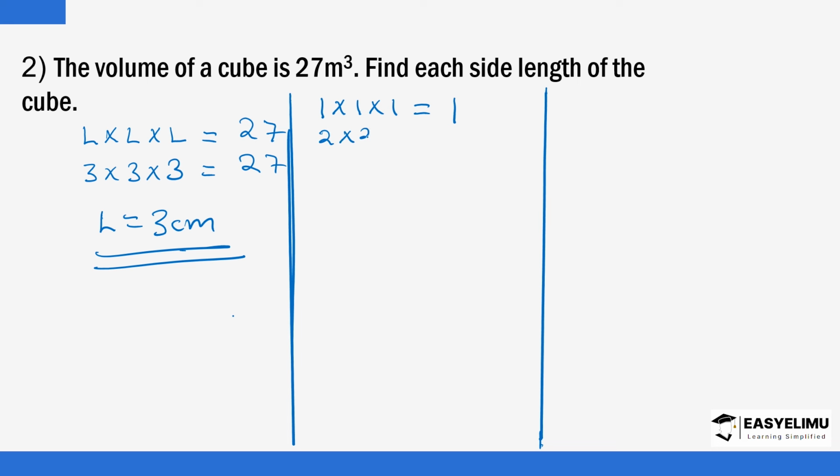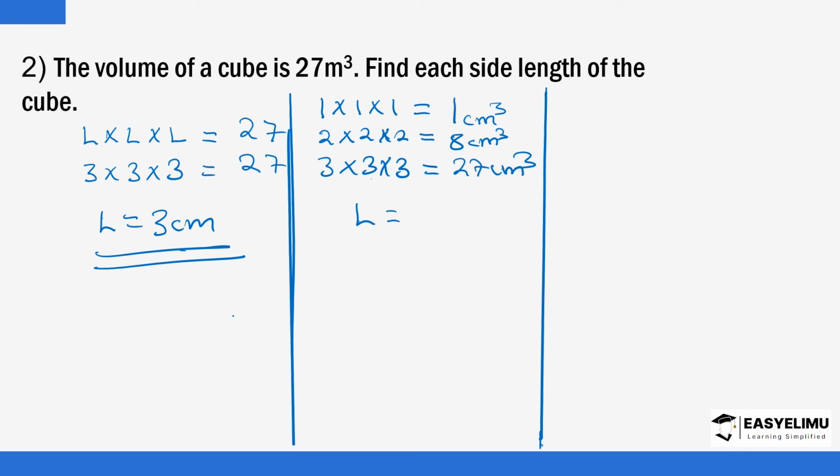If you try 2 by 2 by 2, 2 by 2 is 4, 4 by 2 is 8. So 8, no. 8 cubic centimeters is supposed to be 27. So we try 3 by 3 by 3. Oh, wow, 3 by 3 is 9, 9 by 3 is 27. So this actually qualifies.